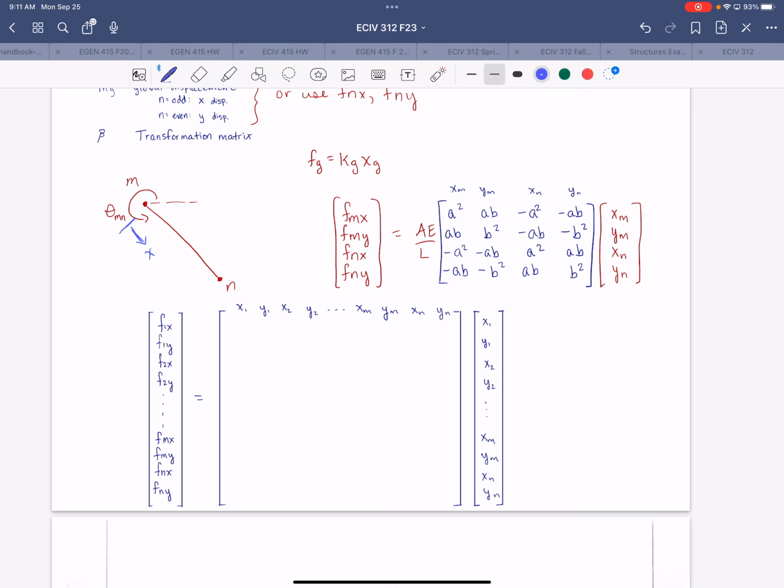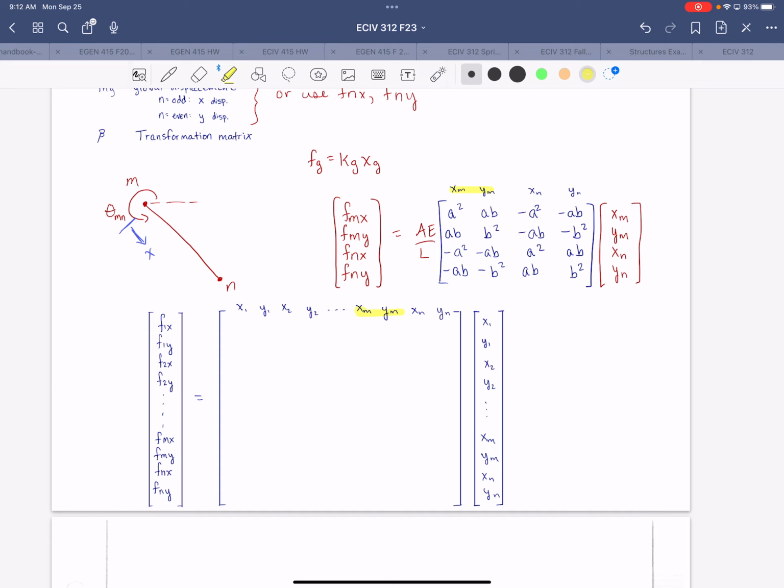It's not going to be as straightforward as it will be with beams when we get into that, but I'll just note, all right, so we've got the node M displacements, right? So the columns associated with node M in the individual element would go in the columns associated with node M in the global matrix.